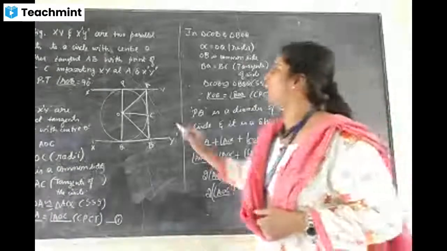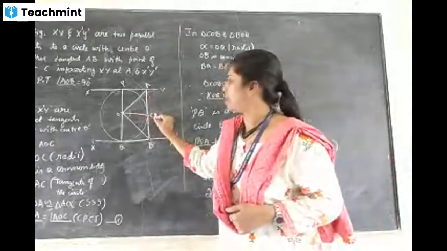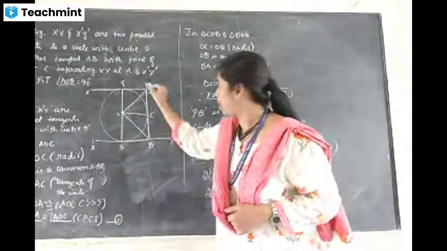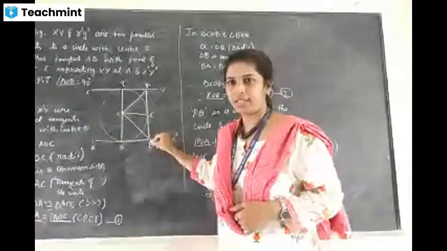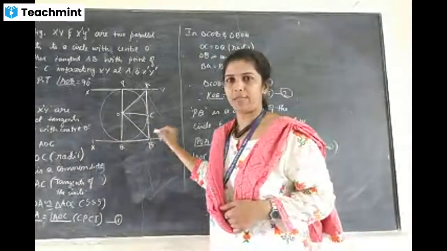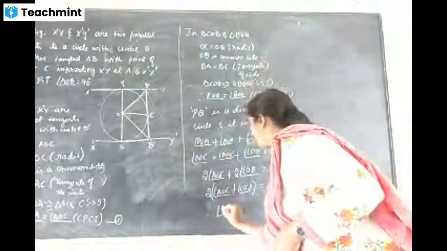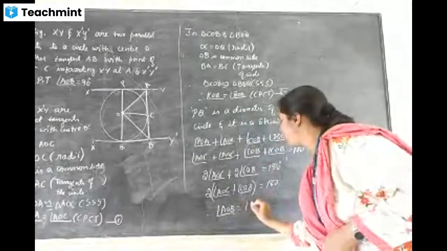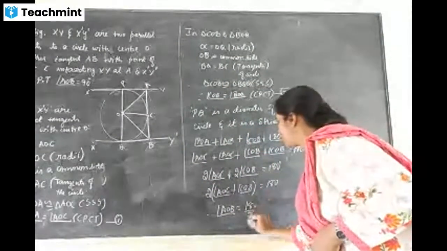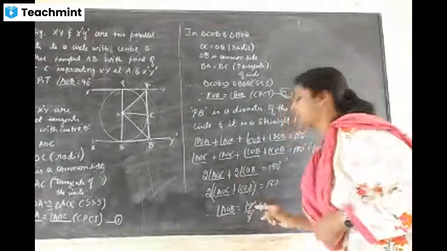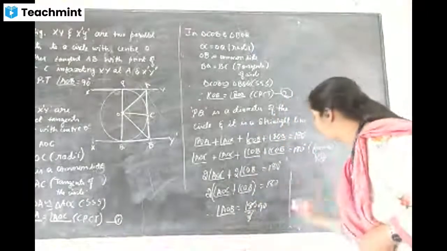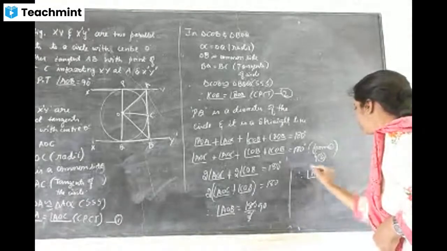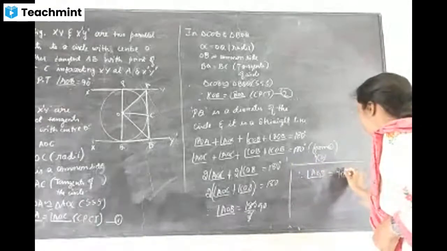Now, just observe here, AOC plus COB is nothing but AOB, isn't it? AOB is a complete angle. Therefore, angle AOB, this 2 I will take down, 180 by 2, that is 90. This is what they ask. Therefore, angle AOB is equal to 90 degrees.